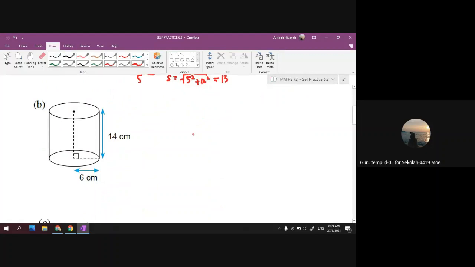Okay, question 1B, this is a cylinder, right? So untuk cylinder, formula dia adalah 2 pi r square plus 2 pi r h. I already explained in our previous video. So untuk bentangan, the net for a cylinder is like this, right?